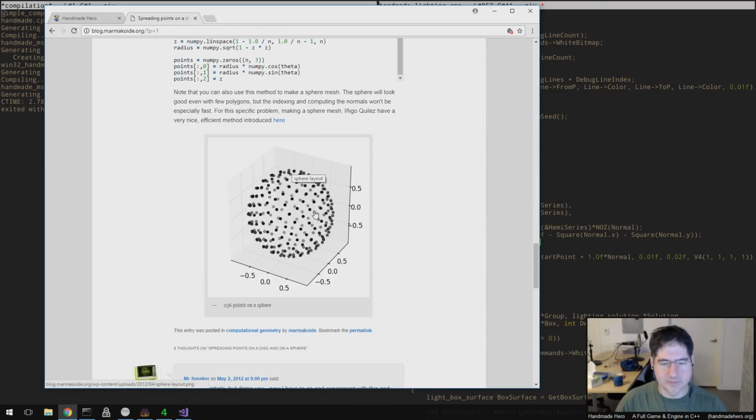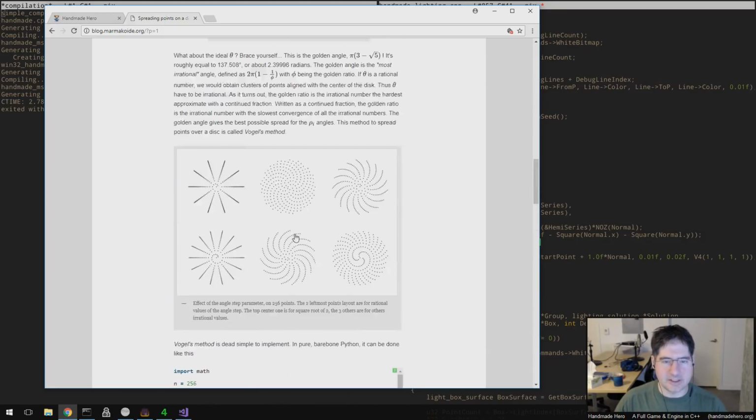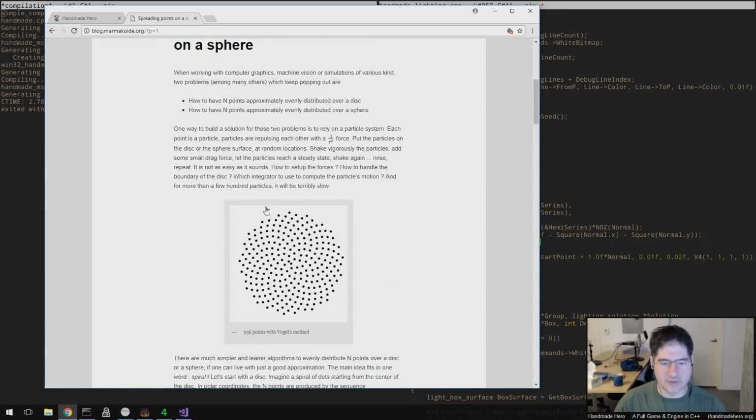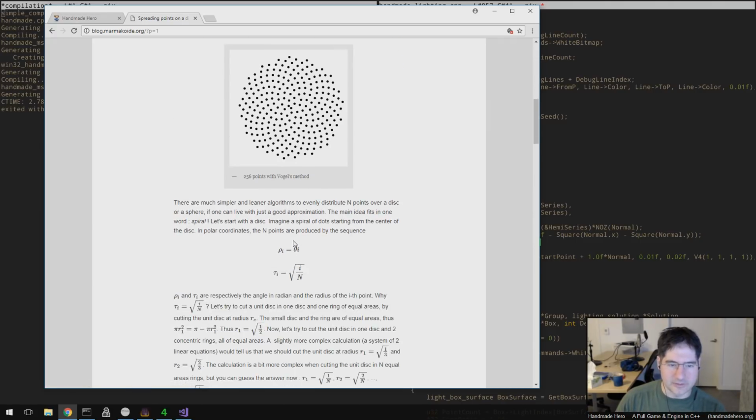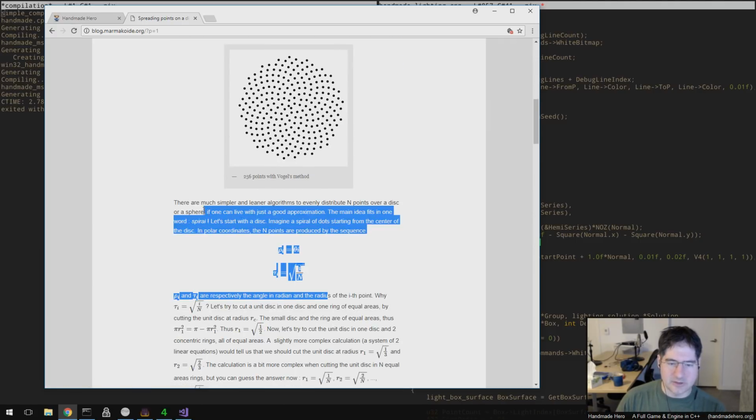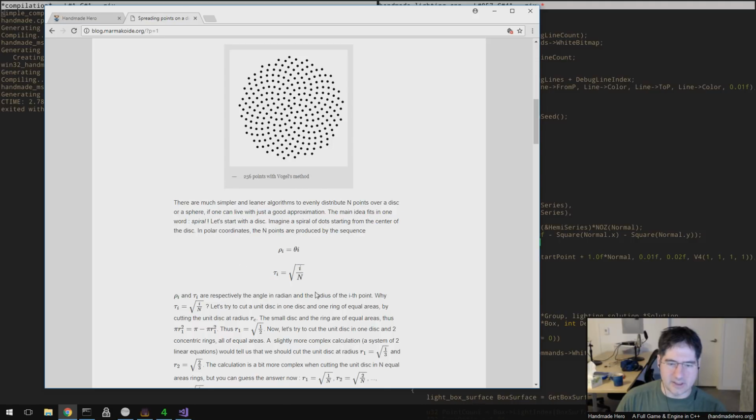Yeah, here we go. So here you can kind of see a 2D and a 3D version of this. Here is a 2D, just looking at a disk, right? And they're referring to Vogel's method here, which is the way of placing these points onto the disk. And you can see how the points are produced in polar coordinates.